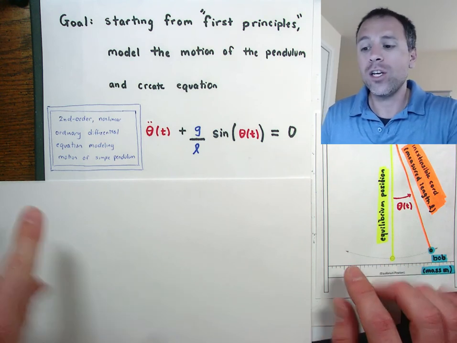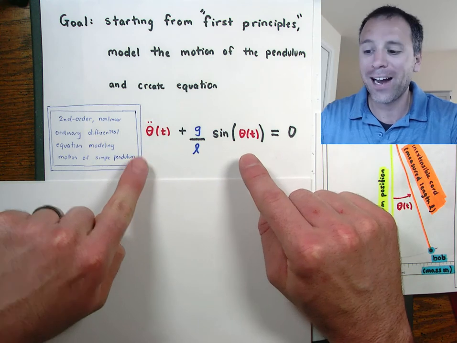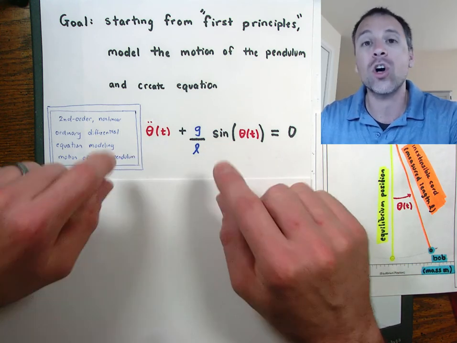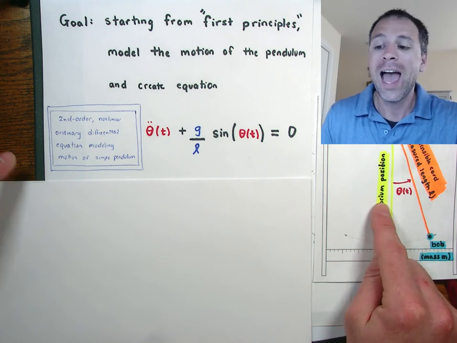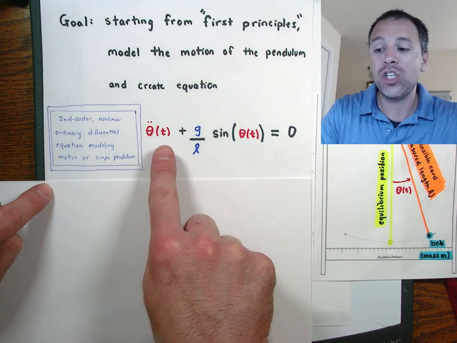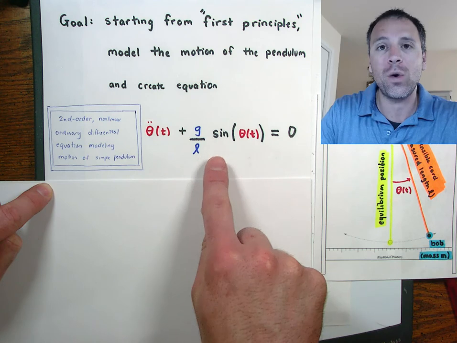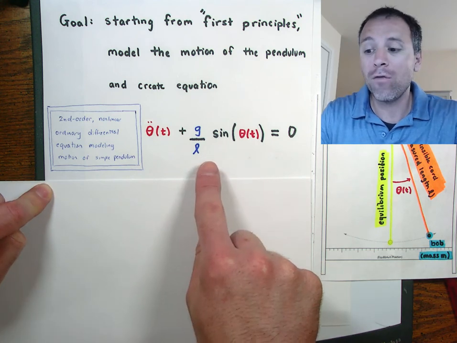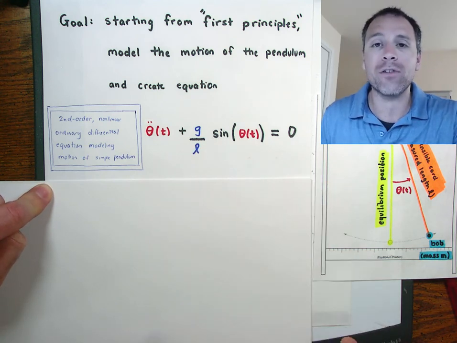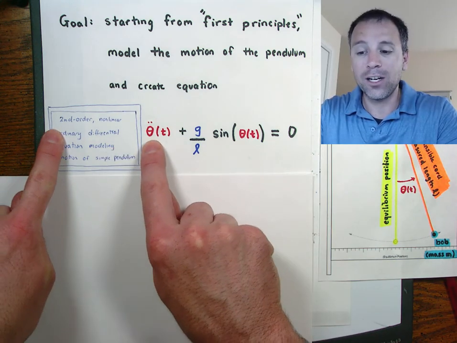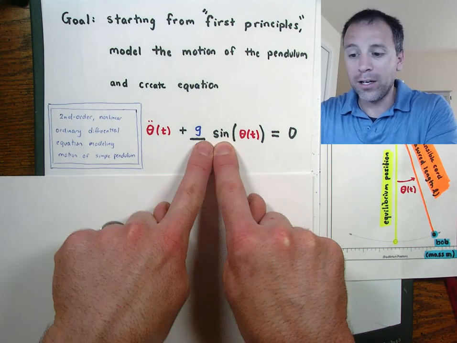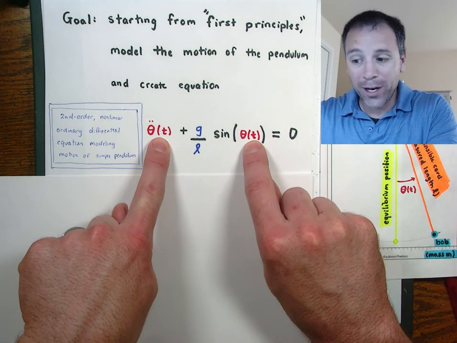What we're going to do in this video is figure out where the heck this equation comes from. So starting from first principles, just looking at the pendulum itself, can we find ways to generate this differential equation and verify for ourselves that this thing actually models the behavior that we're looking at? As a friendly reminder, this differential equation is a second order, nonlinear, ordinary differential equation.